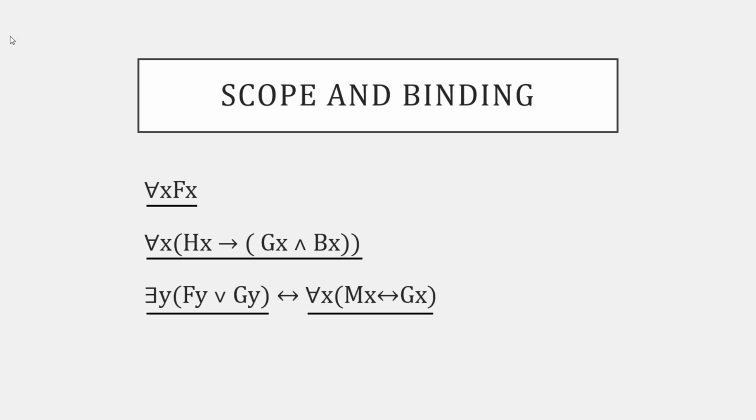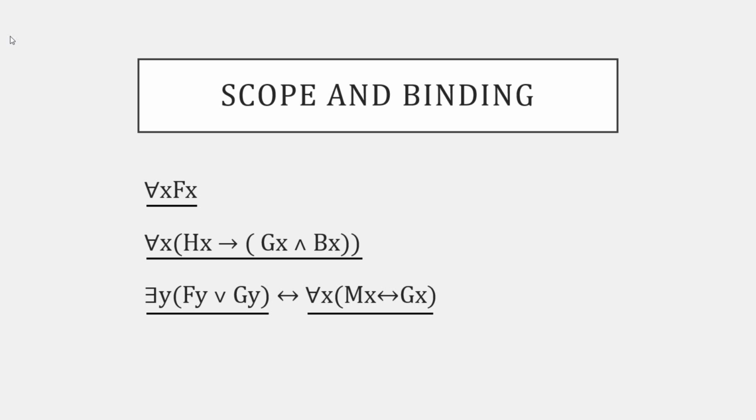So this does not say, for all x, if there exists any x with the property h, then some other thing has the property g and b. It's got to be the same named object going into each of the variables. All the x's get the same thing. So we're talking about one object: if it's got this property, then it's got those two properties. That's what it means to be bound to a quantifier. If I'm placing something into x, it goes into all the instances of x within the scope of that quantifier.